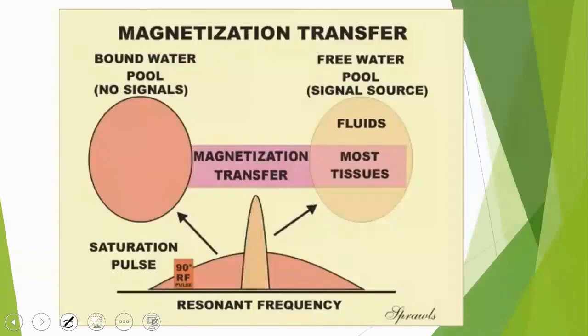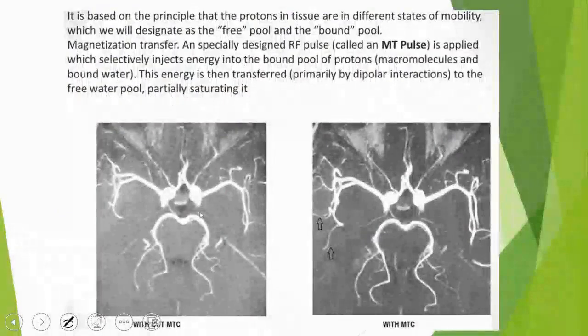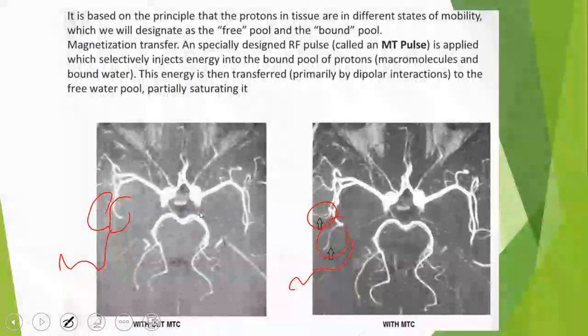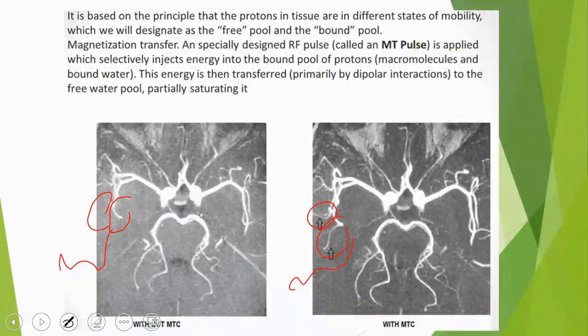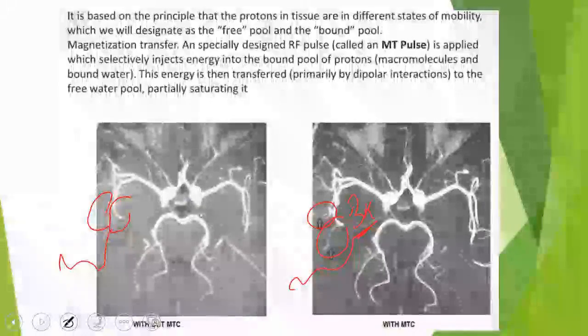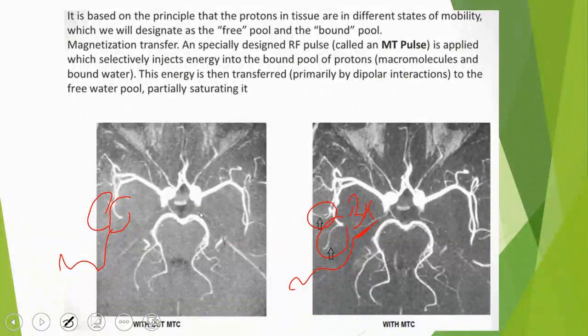The same applies here. If we look at the background here and the background here, the cerebral artery on the other side is hidden because the background here is high signal, and the background here is a lower signal. This background is part of the tissue and the cerebral artery itself.